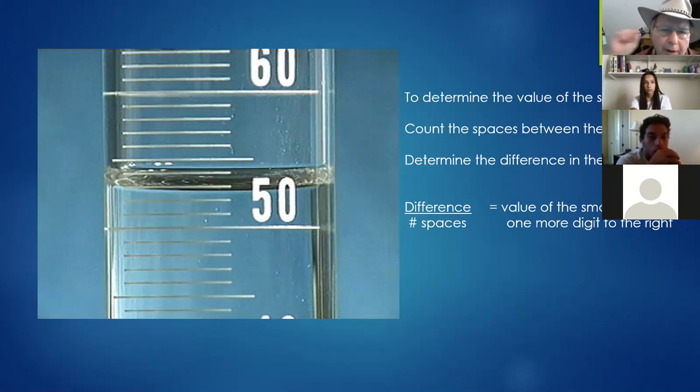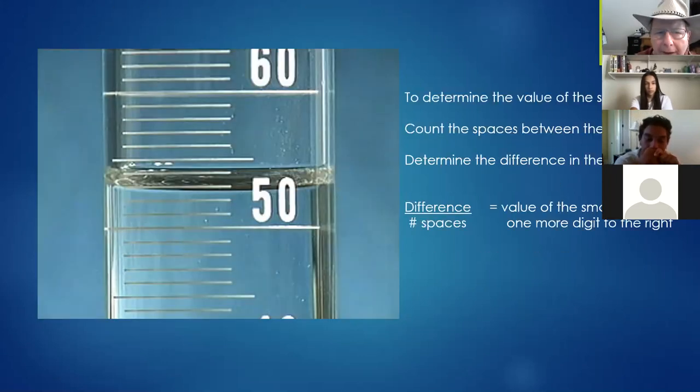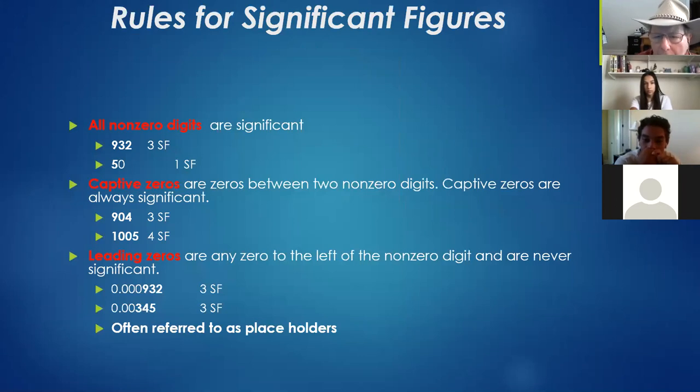Now what I have to do when I'm measuring is I have to go one more decimal place to the right. How far would you say that's up there, Gabriel? 0.9. Perfect. So the way I'm reading this measurement is I have 52 and it's about 9/10 of the way up. So I'm reading that as 52.9. Are we good, guys? Are we good with this?